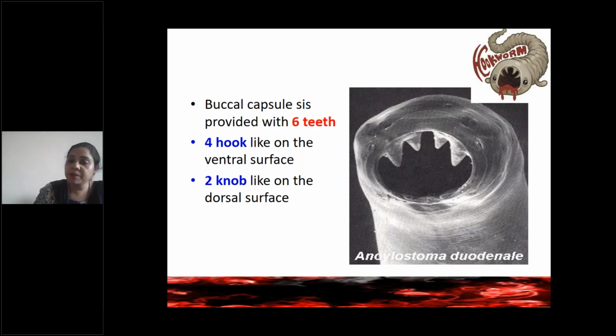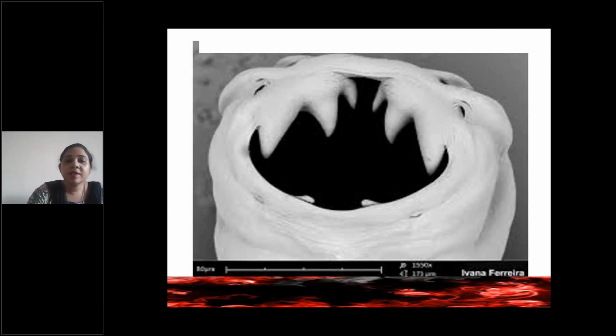So buccal capsule is provided with 6 teeth, 4 on the top and 2 on the bottom. This is the morphology of Ankylostoma jejuni.